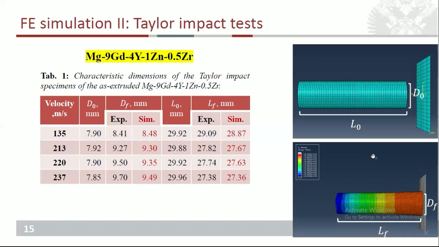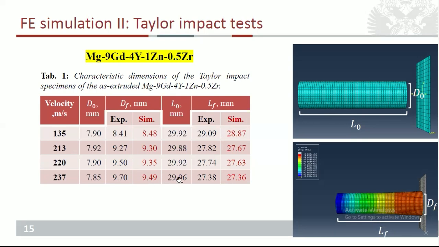We also conducted a finite element simulation of the Taylor impact test, where a short cylindrical sample flies at different very high speeds and strikes a rigid body. At the end, we compared the simulation results with the experimentally measured geometry characteristics of the sample after impact.